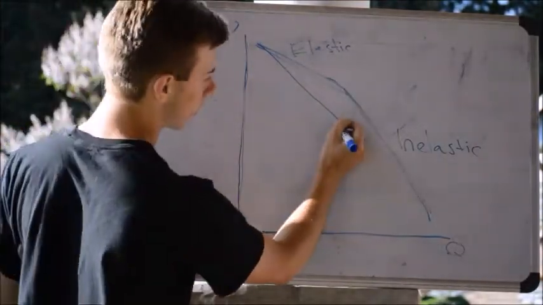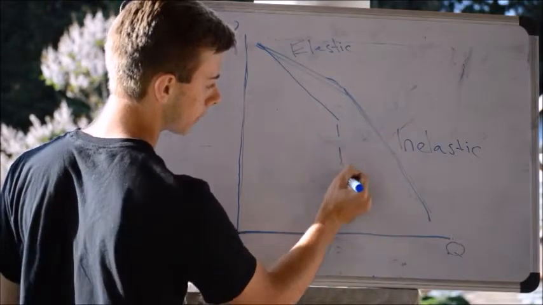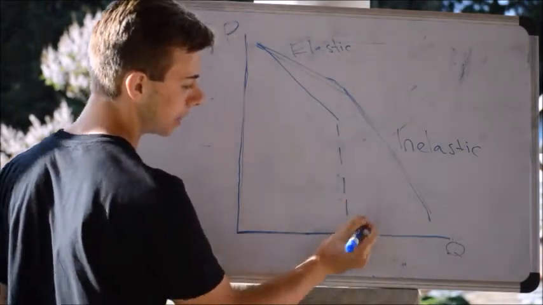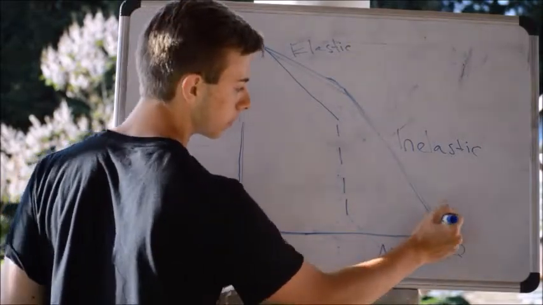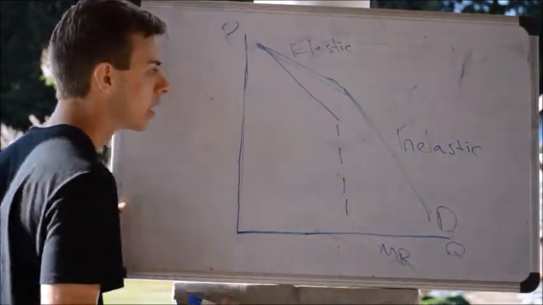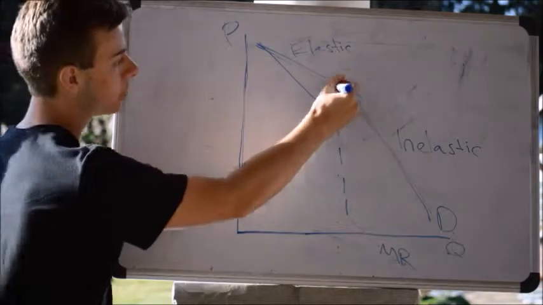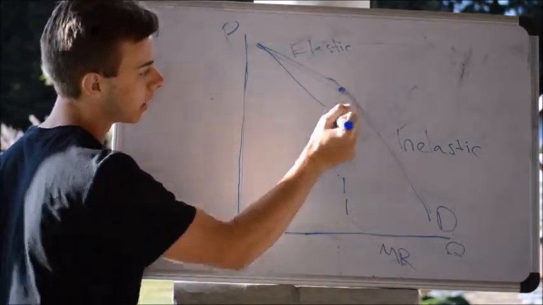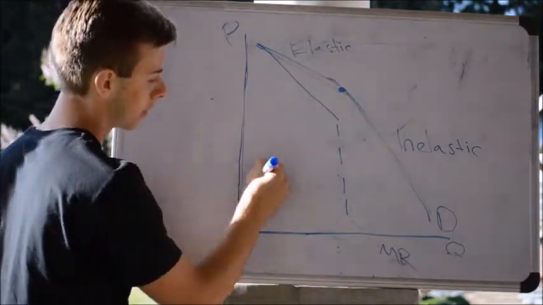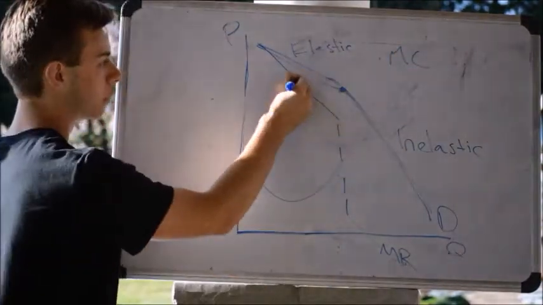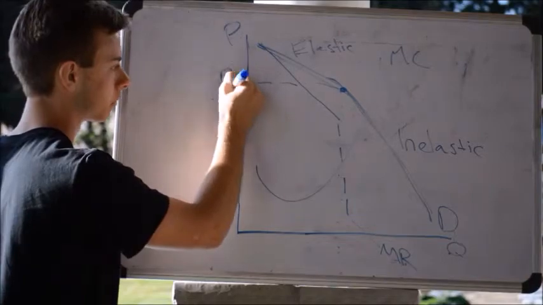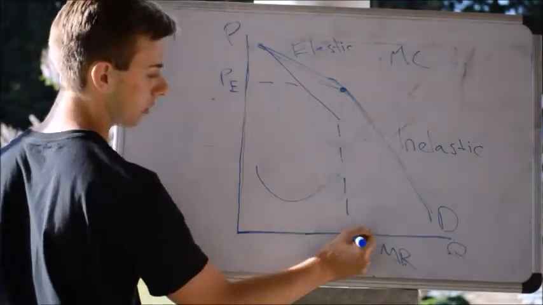Here's the kink, going vertically downwards, and then it'll begin again down here, giving you your marginal revenue line. Now in this case, this point, right where the kink is, would be the equilibrium of production. So at this point, this will be your price equilibrium, and your quantity equilibrium down here.